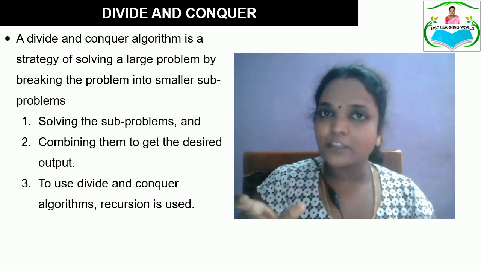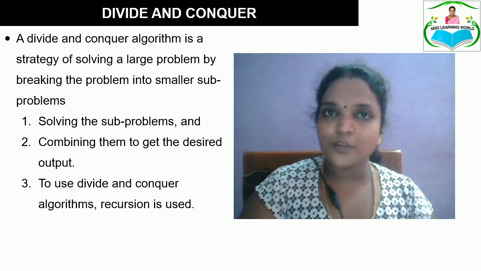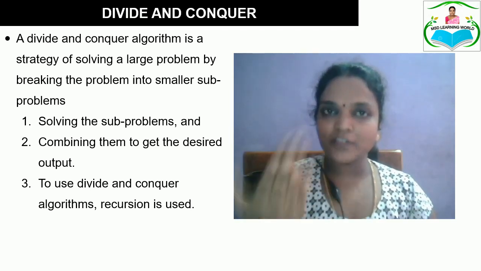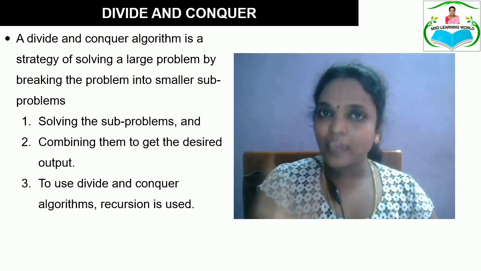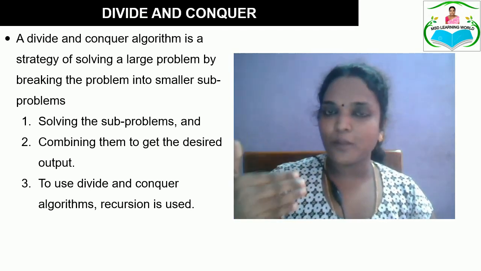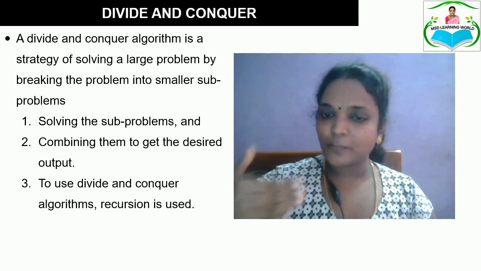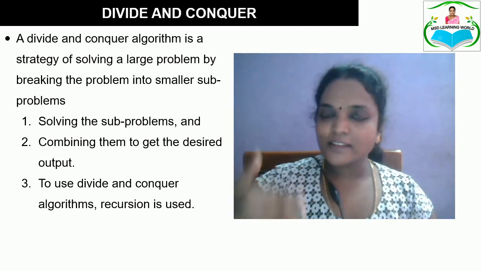The same methodology is adopted for problems solved by the system also. Whenever a large problem is given to the system, we design algorithms in such a way that the problem is divided into sub problems, and the tasks are again divided into sub problems. If a sub problem is small, then the answer is computed.